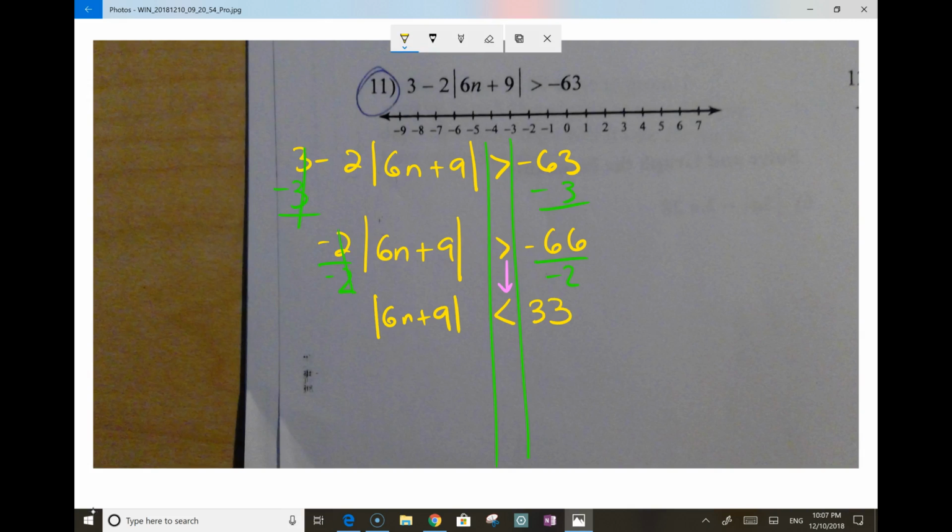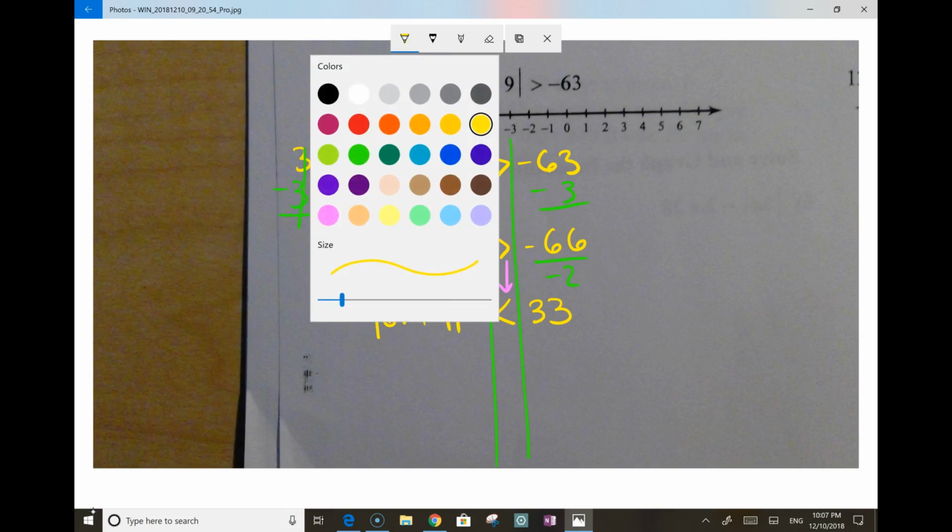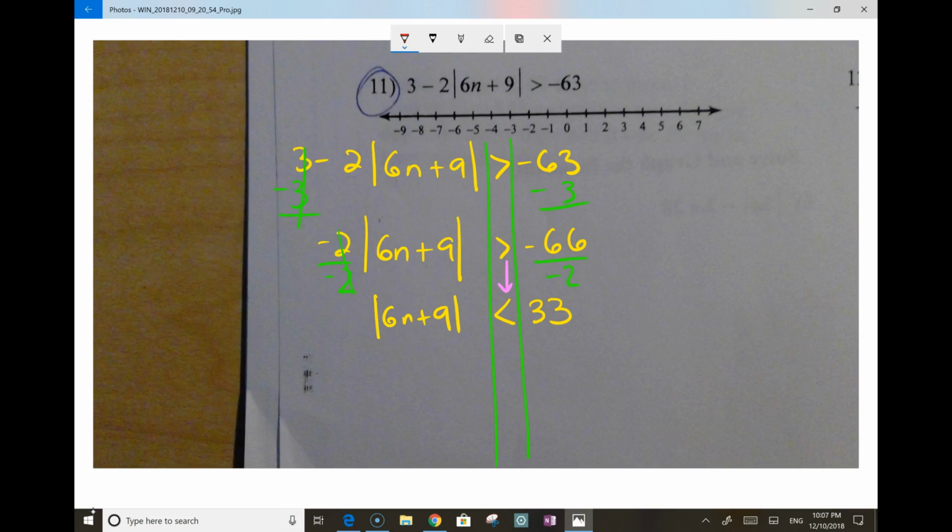Okay, so now this is where it's a little different from the previous question that I did, because now we have to think in terms of not only distance from 0, but we have to think in terms of inequalities as well. So what this question is asking from this point, what it's really saying is what number or what numbers are less than 33 spaces away from 0.